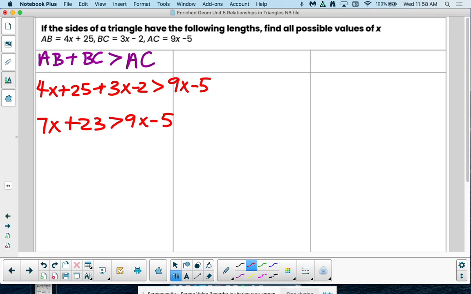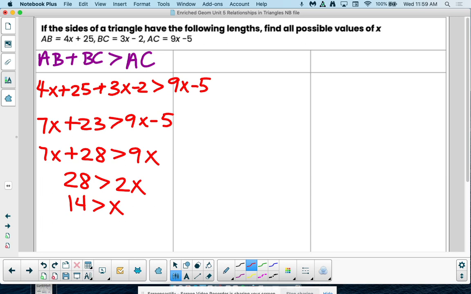So when I solve it, just treat it the same. What should we do next? Add 5 over? Okay. Now what should we do? Subtract the 7x. You guys with me? Yep. And what's our last step? Divide.